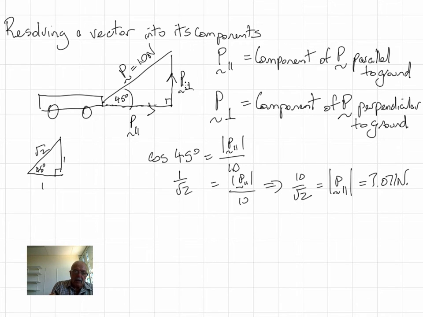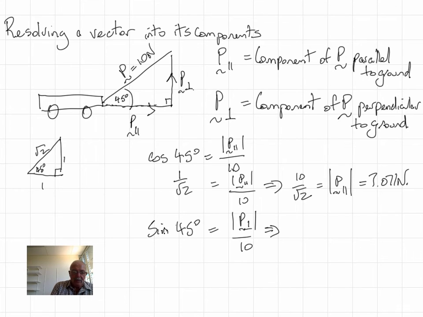Likewise, we can work out P perpendicular. So for P perpendicular, we've got the sine of 45 degrees is the magnitude of P perpendicular. Sine is opposite over hypotenuse, and that's P perpendicular all over 10.